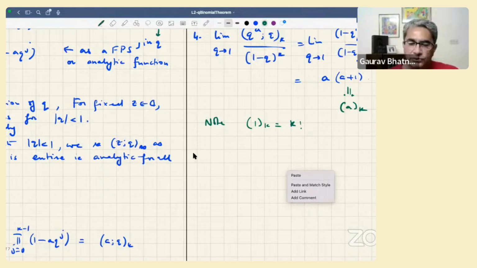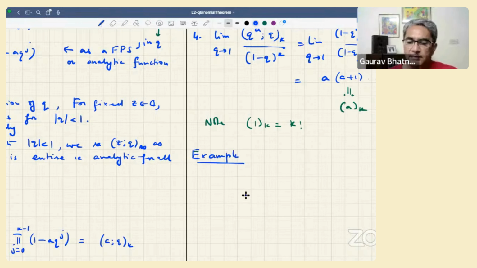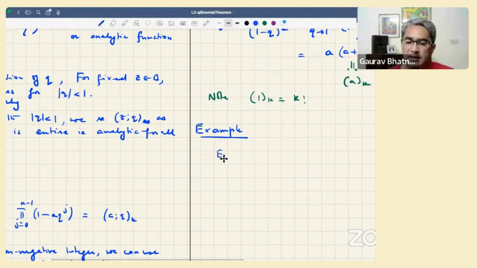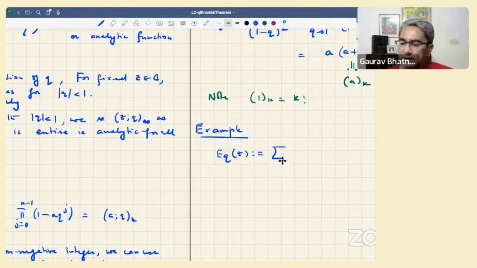All right, so this is just some notation. Let me show you a function which I mentioned in the exercises. Let me just examine that for a bit. This is E_q(z), which was defined to be the summation from k going from 0 to infinity, just an example of the kind of result that we have, z^k over (q;q)_k, and this is equal to 1 over (z;q)_infinity.